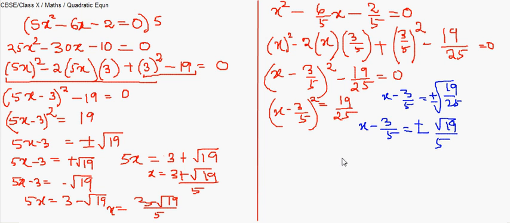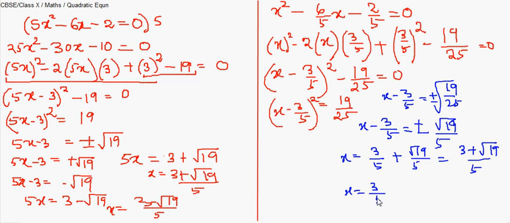I now carry this to the other side, that makes it 3 by 5 plus root 19 by 5, that makes it 3 plus root 19 by 5. Or I can take the other one, 3 by 5 minus root 19 by 5, that's giving 3 minus root 19 by 5. So these are the same roots we calculated in the previous method.